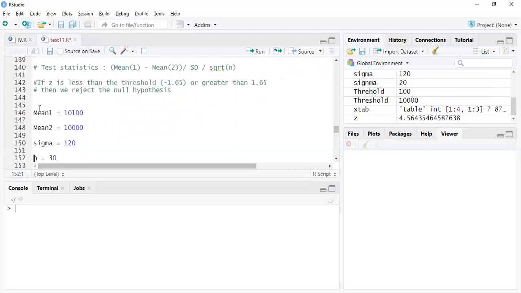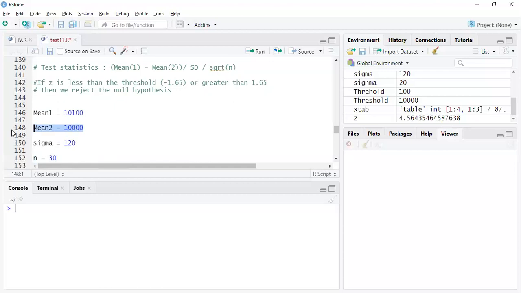Anyway, here we have mean one and mean two, and we have sigma. Sigma is nothing but the standard deviation. Mean one is given, it's slightly higher, and mean two is also given. Sigma is basically the standard deviation of sample one, and n equal to 30, the number of observations, also comes from sample one. Mean two is just a threshold.